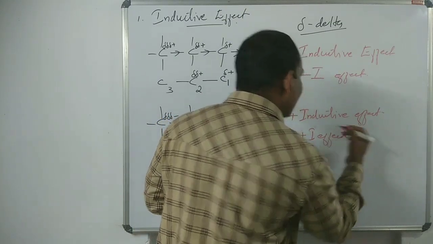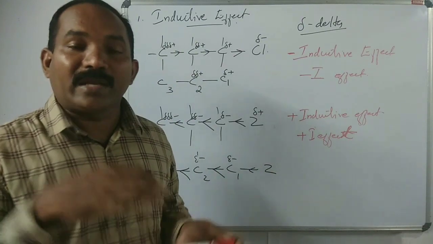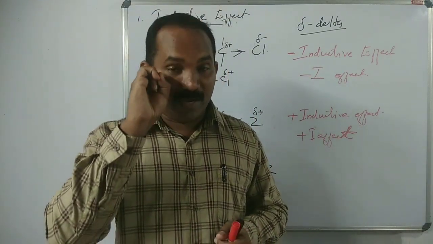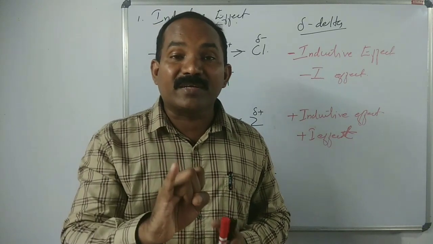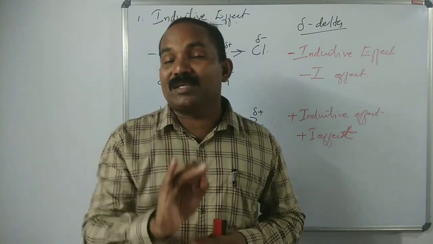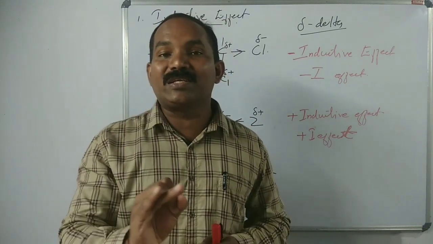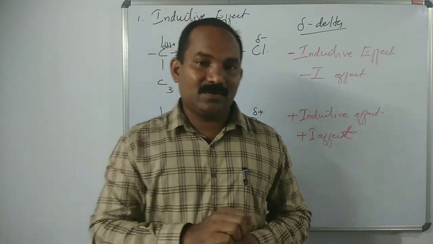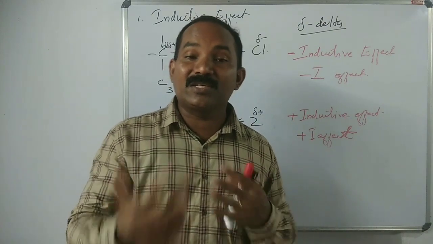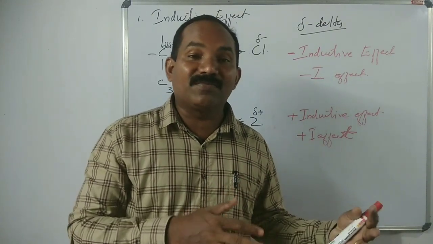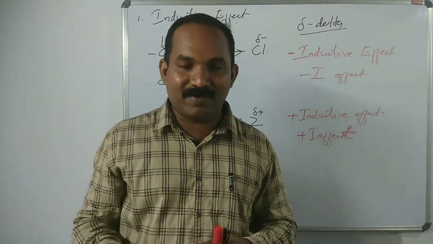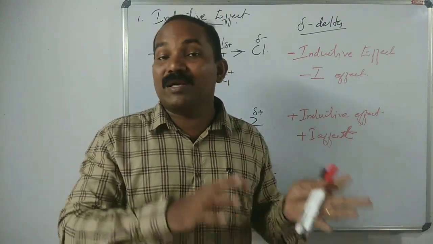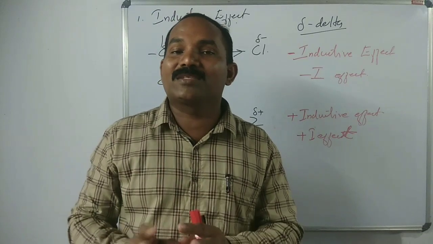So inductive effect is of two types. One is negative inductive effect or minus I effect. The second one is positive inductive effect or plus I effect. In future cases, teachers will refer to due to plus I effect, due to minus I effect. So remember what is plus I effect and what is negative I or minus I effect.